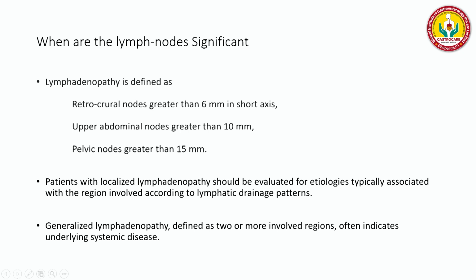Whether these lymph nodes are significant or insignificant is decided by the size and shape. If it is a retrocrural lymph node, more than 6 millimeter in short axis is significant, while for a pelvic node, more than 15 millimeter is significant. And again, you have to decide whether it is a generalized or a localized lymphadenopathy.